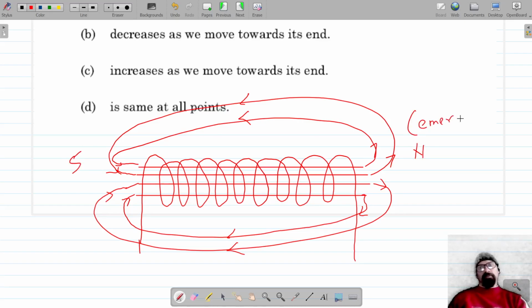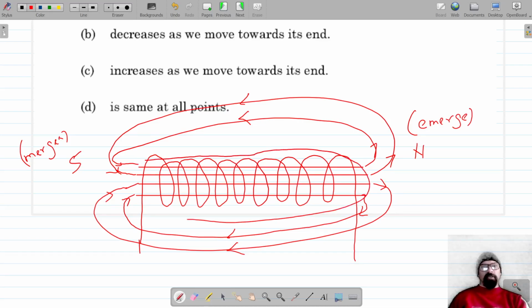From where the field line emerges, it's the north pole, and where it merges, it's the south pole. Inside, these parallel equidistant arrows represent the uniform magnetic field.